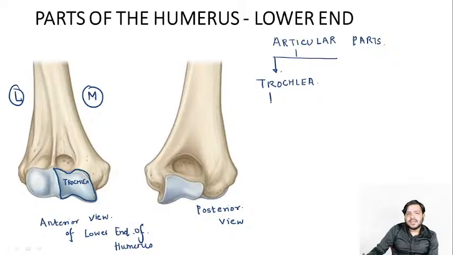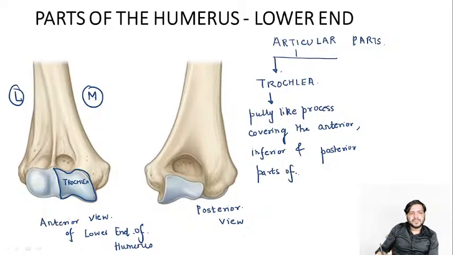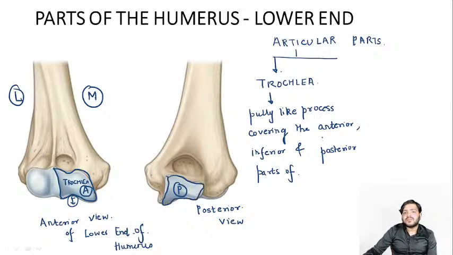Trochlea is basically a pulley-like process. It is a pulley-like process covering the anterior, inferior and posterior parts. देखो, ये आगे की तरफ जो दिखाई दे रहा है ये एंटीरियर पार्ट हो गया. ठीक है, नीचे की तरफ जो दिखाई दे रहा है दैट इज द इंफीरियर पार्ट. ठीक है, और पीछे की तरफ जो दिखाई दे रहा है दैट इज द पोस्टीरियर पार्ट. तो इट इज अ पुली लाइक प्रोसेस विच इज कवरिंग द एंटीरियर, आगे की तरफ, नीचे की तरफ और पीछे की तरफ.